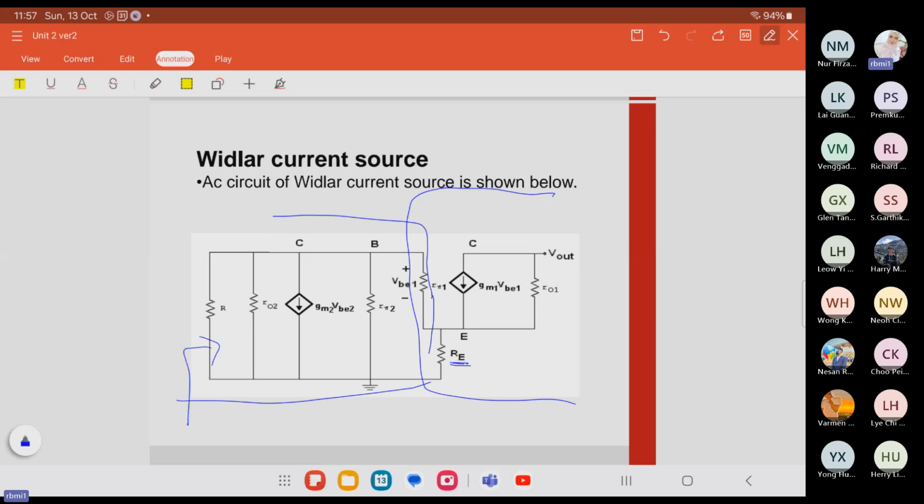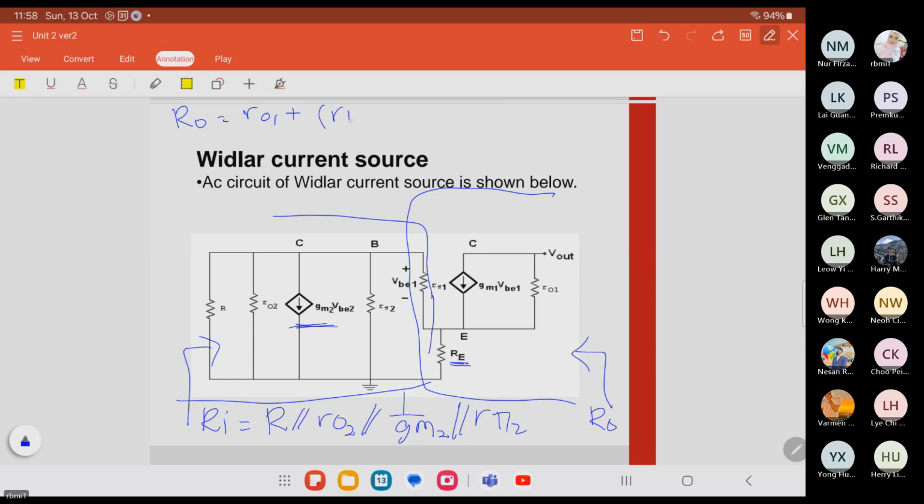For Rin, it is R parallel with small r naught 2, parallel with 1 over gm2, parallel with R pi 2. And for R out, it is r naught 1 plus the parallel of R pi 1 with the RE.